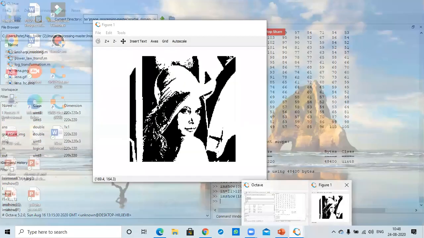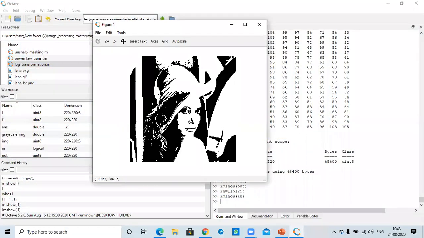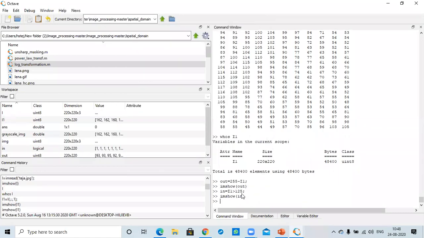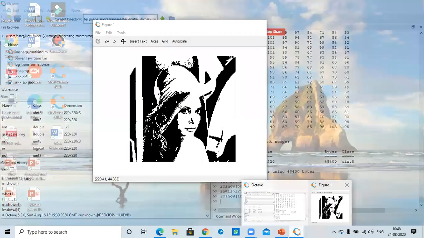Now the picture consists of only two intensity values, either black or white. What I have done is, for each value, if it is greater than 125, then IN becomes 1, otherwise it becomes 0. In that way we can do that. This is the least resolution possible, that is a black and white image.